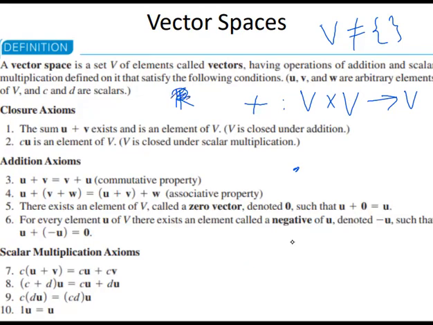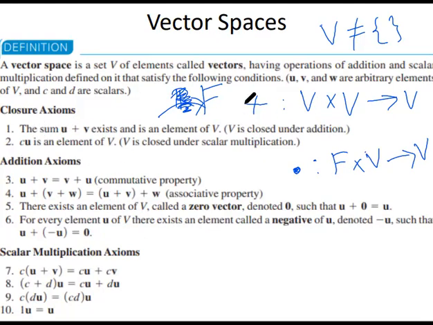Let's do it in an abstract way. Let me take F. So F is the field. We perform scalar multiplication between F and V. What do you get? We have to get an element in V. Look at the first property here.